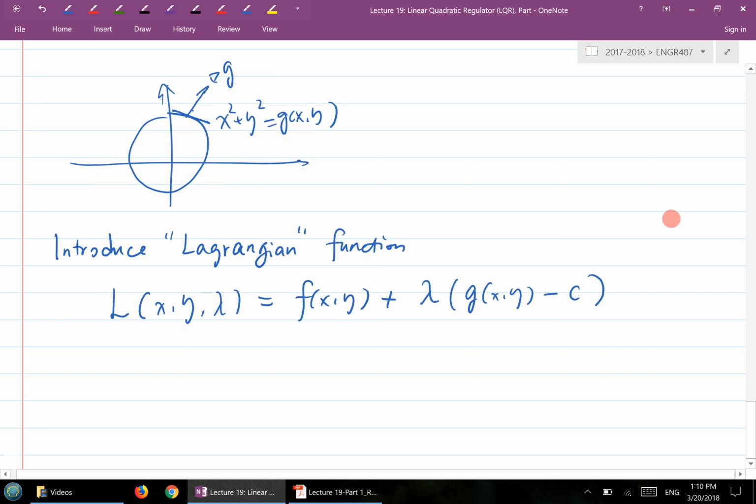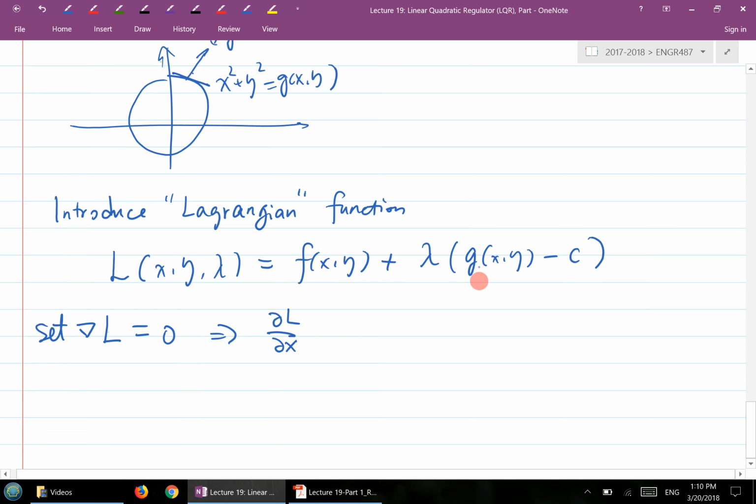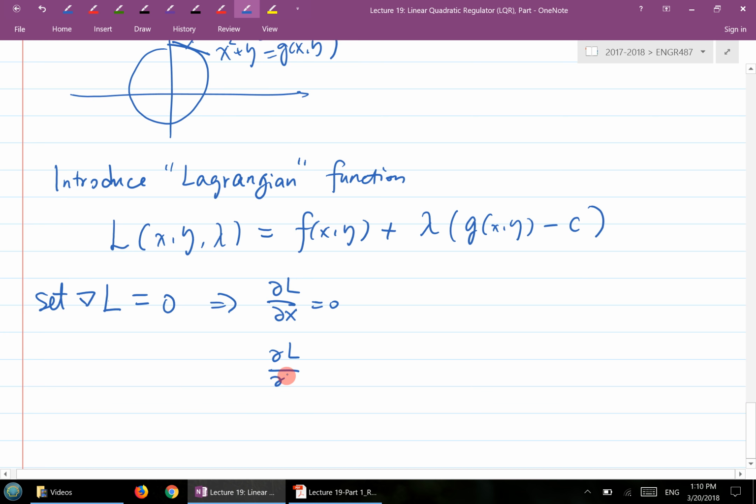I give you a function L, and I want you to find the critical point of L. What do you do? You calculate the gradient, and you set the gradient to be 0. Which means partial L over partial x equal to 0, partial L over partial y equal to 0, and partial L over partial lambda equal to 0.